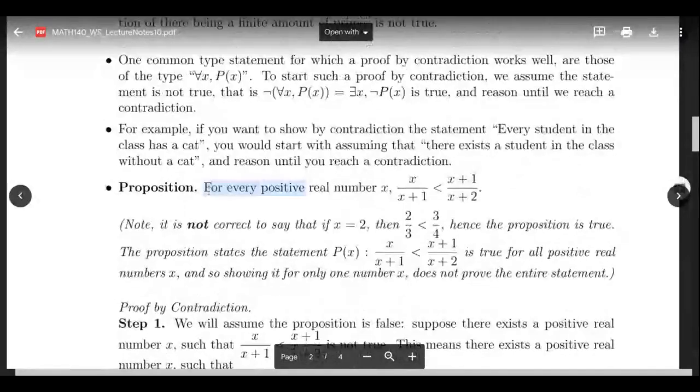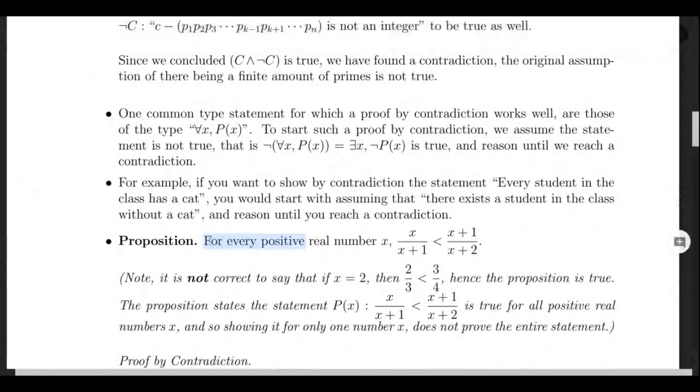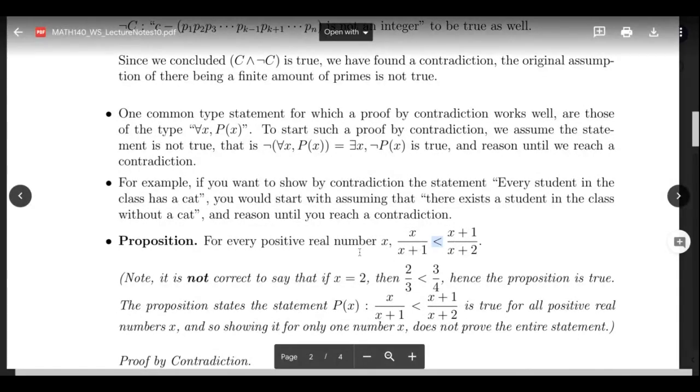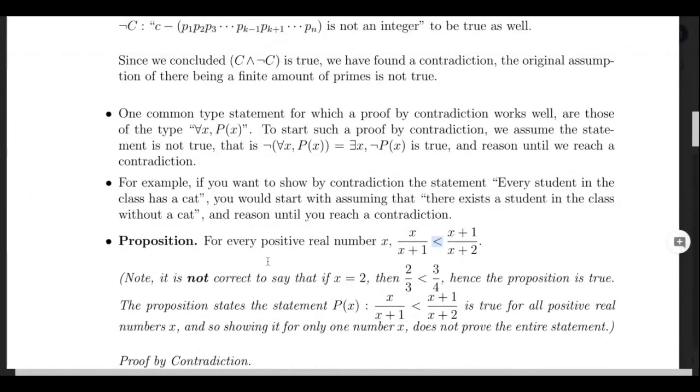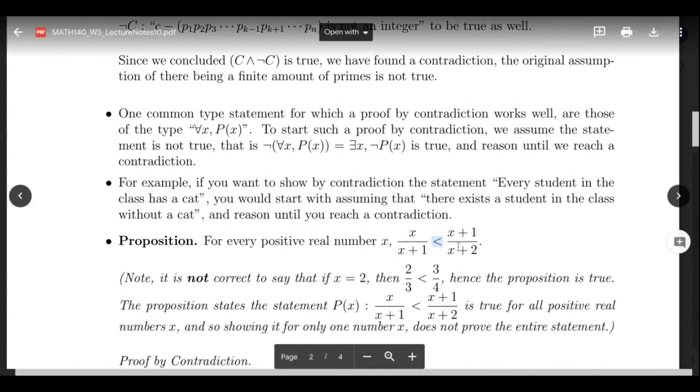So this proposition is saying, for every positive real number x, this is true, with the less than sign, right? And we want to negate this. We assume not the proposition, which means how do we negate the whole statement?